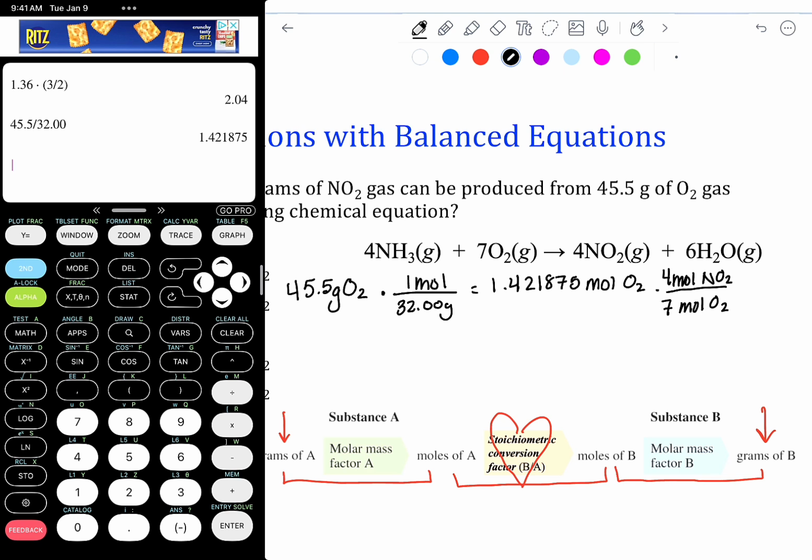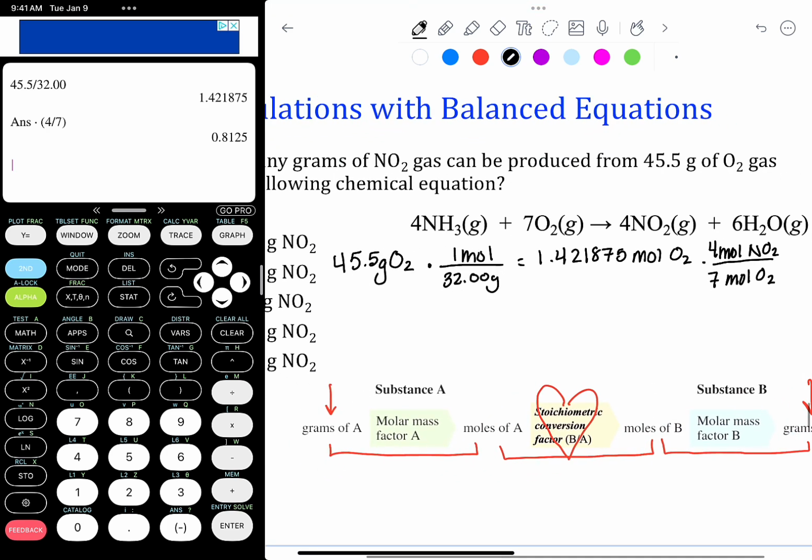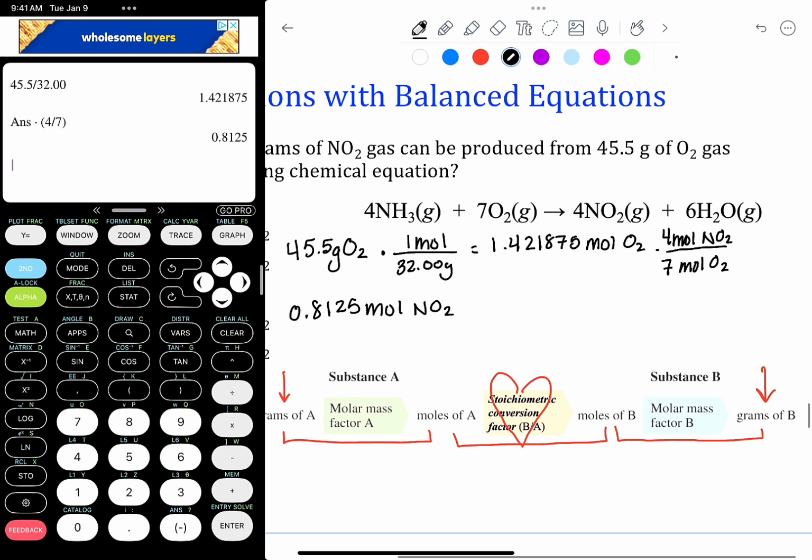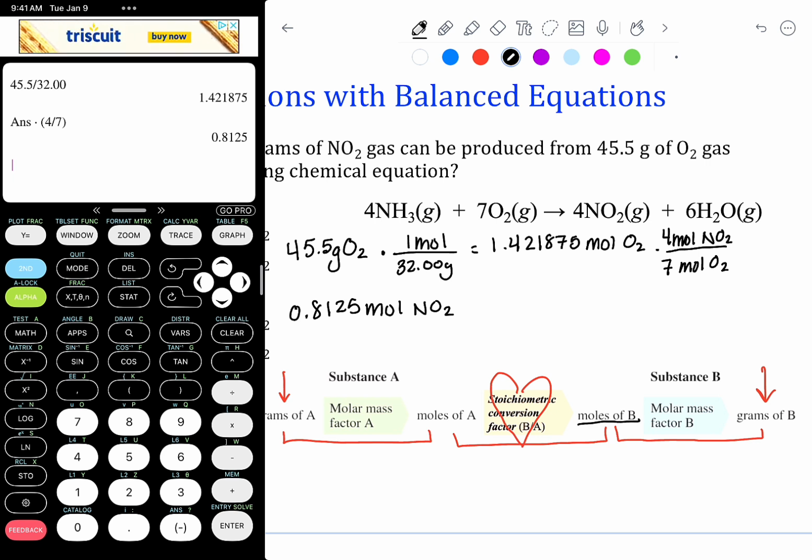So we're going to take that 1.4, we're going to multiply it by that ratio of 4/7. And that's going to give us, I'm going to write it down one line, 0.8125 moles of NO2. So I have successfully converted to moles of substance B, moles of NO2.